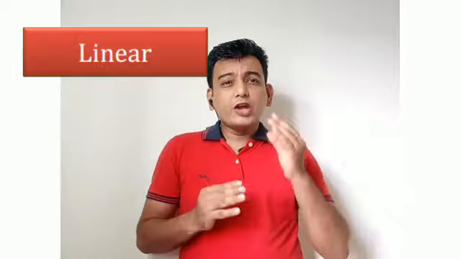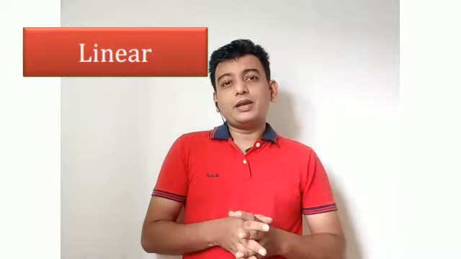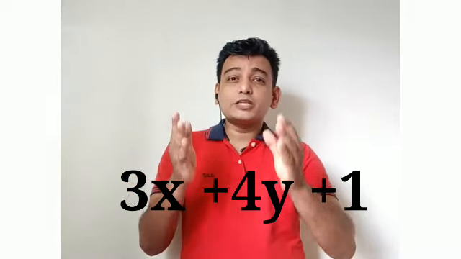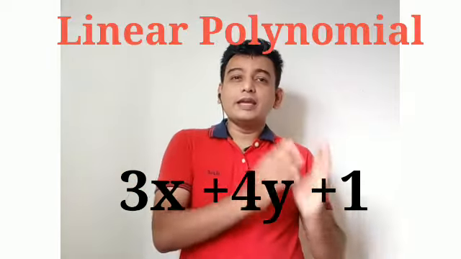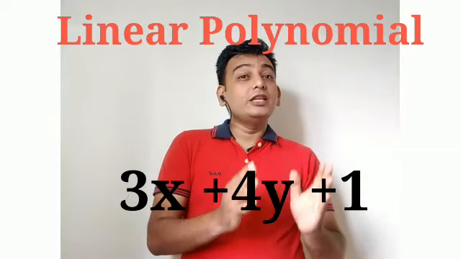When the degree of the polynomial is only one, then you can say that it is a linear polynomial. For example, 3x plus 4y plus 1. Here the degree of this polynomial is 1.